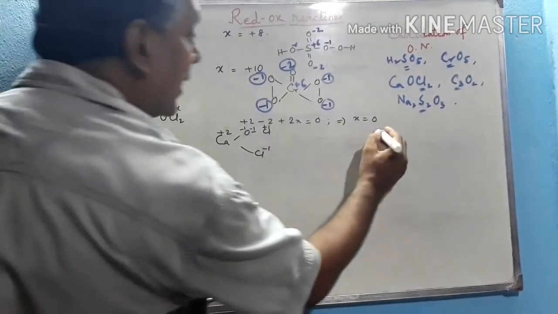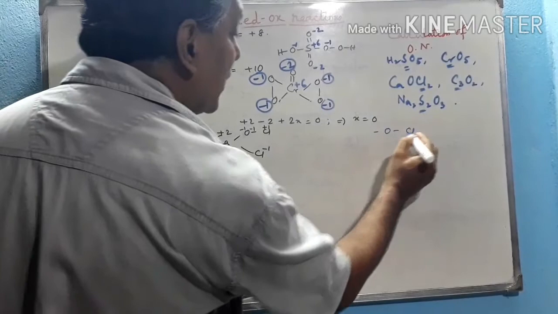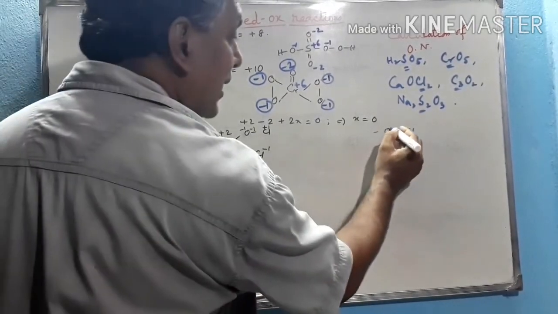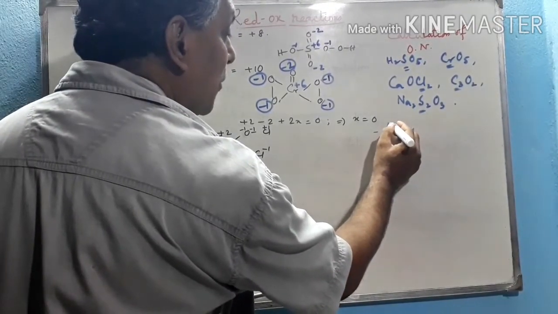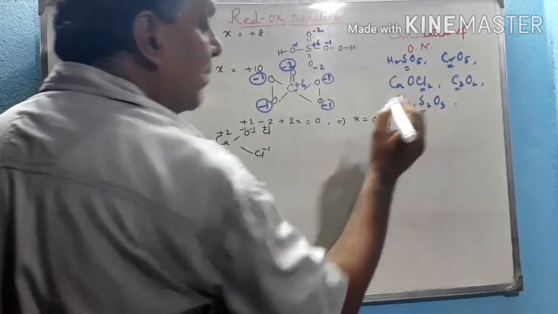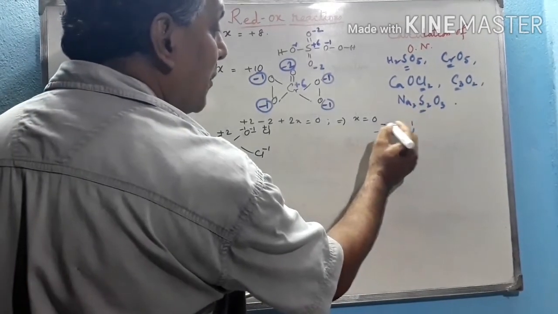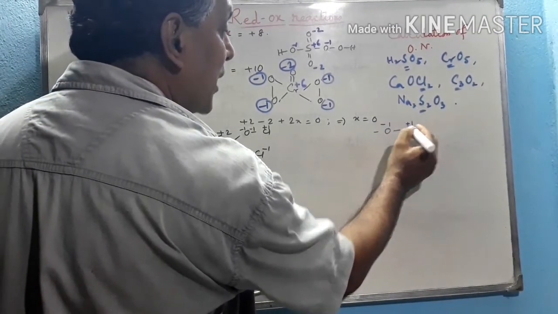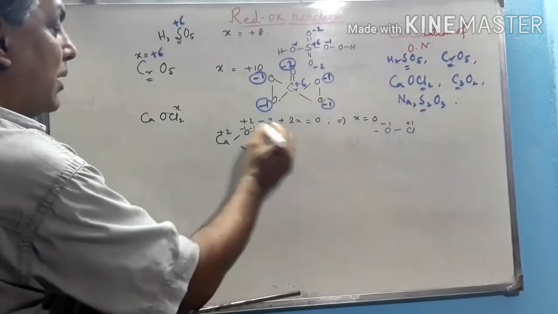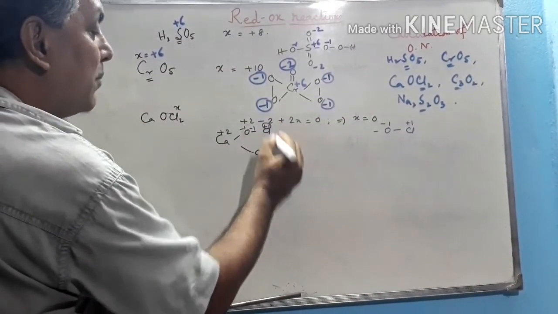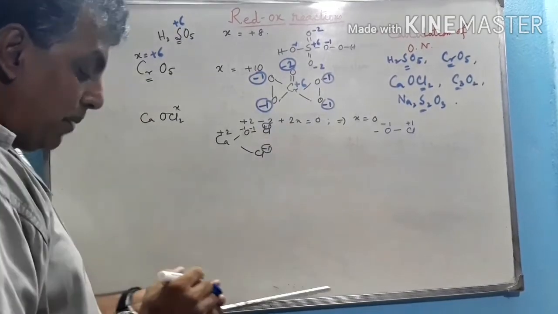Only one bond is there. So the number of bonds is the valency here. For this bond, oxygen has valency 1, chlorine also has valency 1. Oxygen is more electronegative, so it becomes -1. Chlorine is more electropositive as compared to oxygen, so it becomes +1. So these are the oxidation states of the 2 chlorine atoms in bleaching powder.